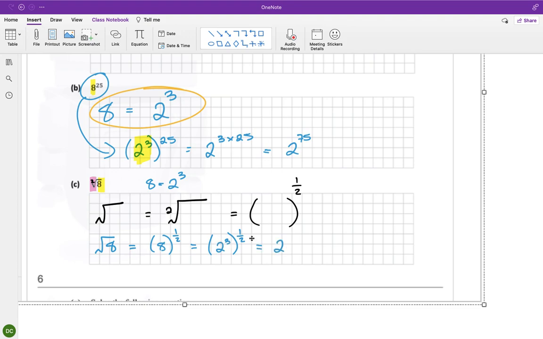So it's 3 times a half. And 3 times a half is 1.5. You can write 1.5 as a top heavy fraction, 3 over 2. Or you could also write it as a decimal, 1.5. Okay, hope that helps.